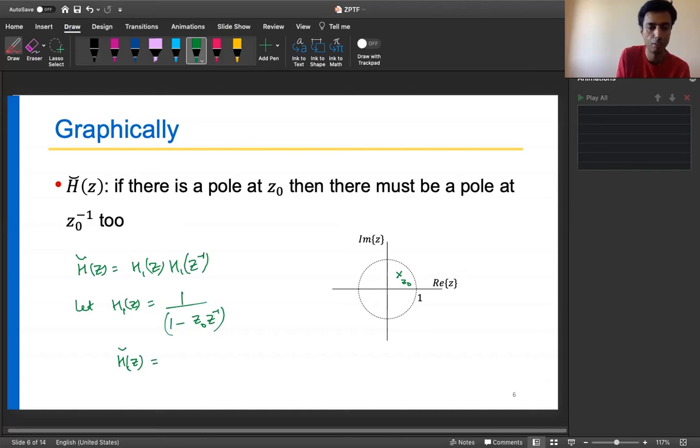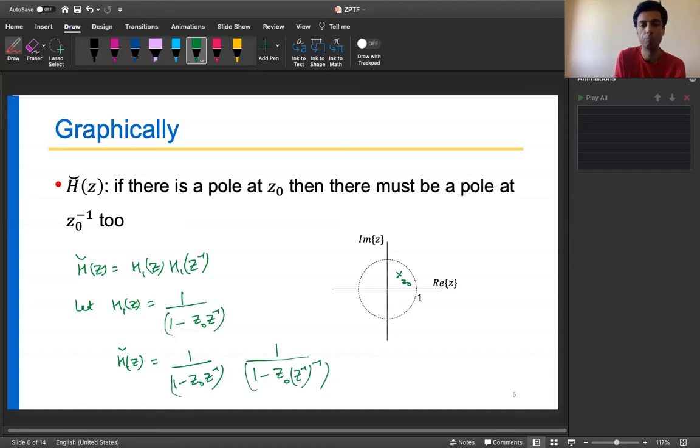So my H zero phase (Z) will become H1, 1 upon 1 minus z0 z inverse, times H1 of z inverse, which means if I replace z with z inverse, my z inverse will become z, 1 upon 1 minus z0 z. So what does this mean? This means it has got a pole at 1 upon z0, right?